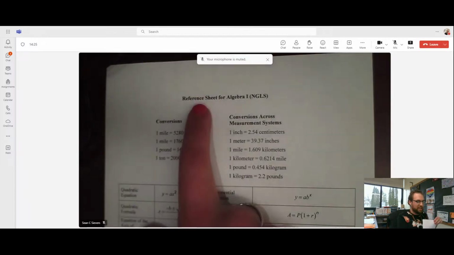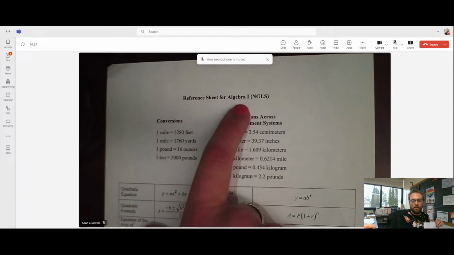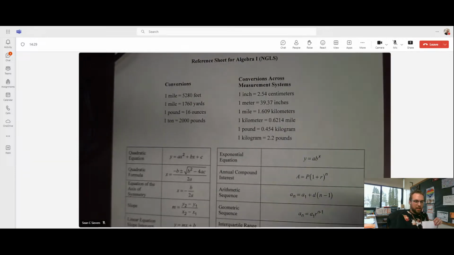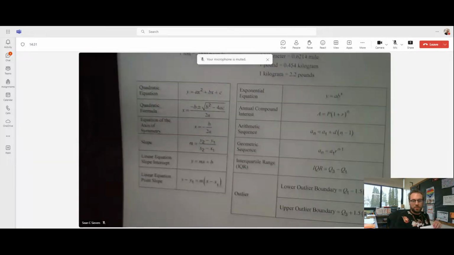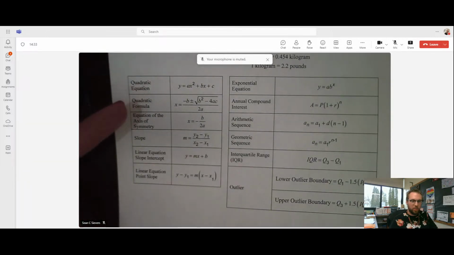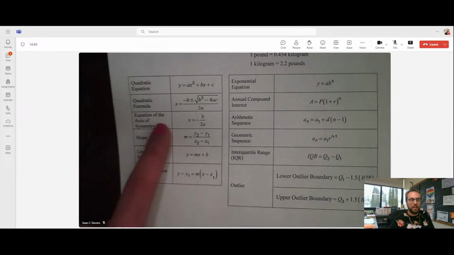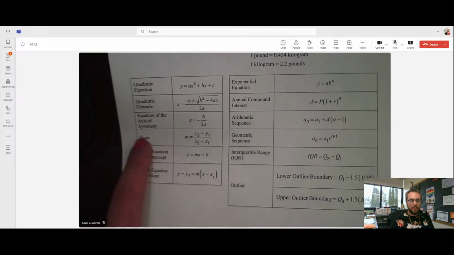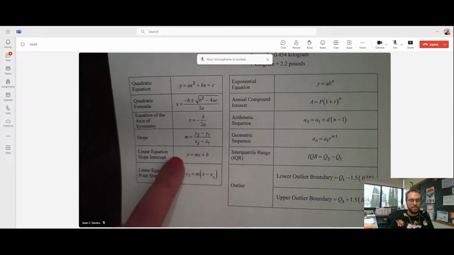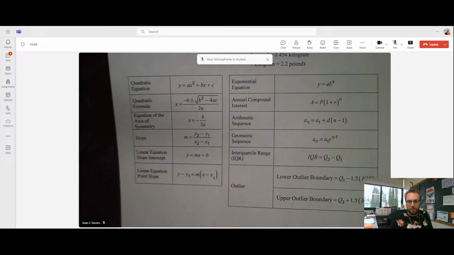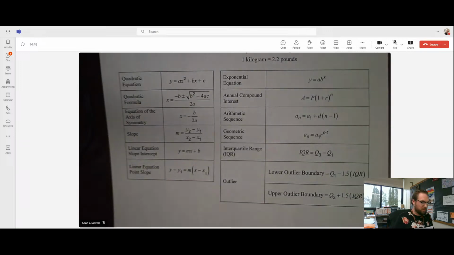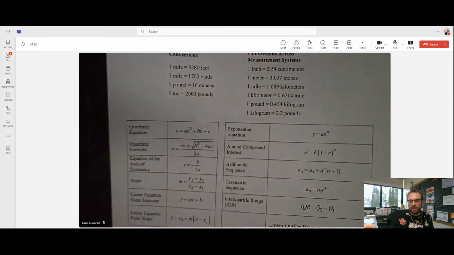Okay, so this says it's a specific reference sheet for Algebra 1, okay? So it gives us a lot of equations that are useful to us. So we have a quadratic equation, the quadratic formula. There's a couple things like axis of symmetry that we haven't learned yet, but we are getting to soon. And then we have the slope formula, linear equation, slope intercept form, and so on. Okay, so we're going to refer back to this reference sheet a lot.